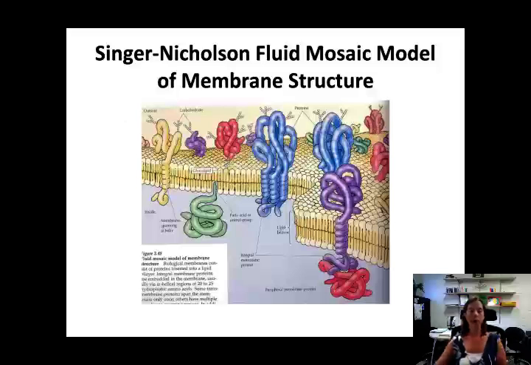So we have the phospholipid bilayer, we have glycolipids and proteins that are in the layer of phospholipids as well as associated with the phospholipids. And this is the current accepted view of membrane structure that we will talk about how it was developed and what experiments along the way proved ultimately that this is the most likely explanation for the structure and function of cell membranes.